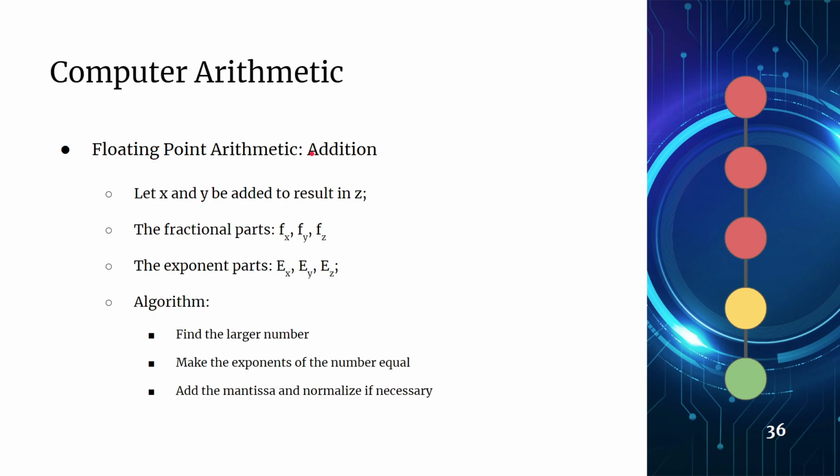Floating point arithmetic, and first up is addition. What we need to know is that first there will be two numbers given. Suppose one number will be x and the other number will be y. x will have two parts, when we convert it, we will say f of x and e of x.